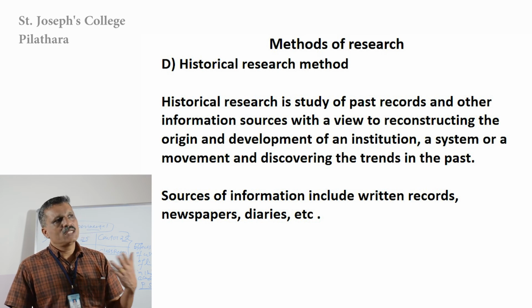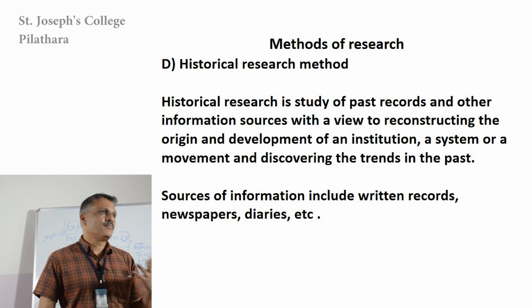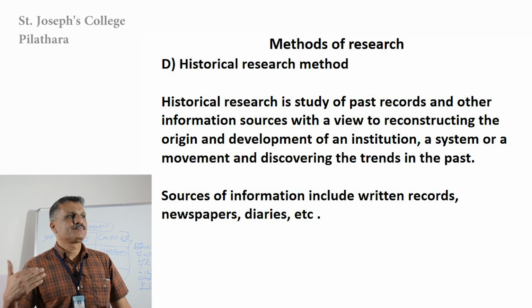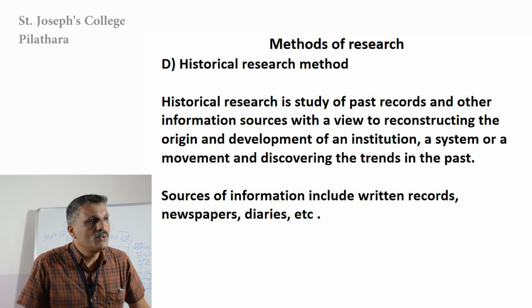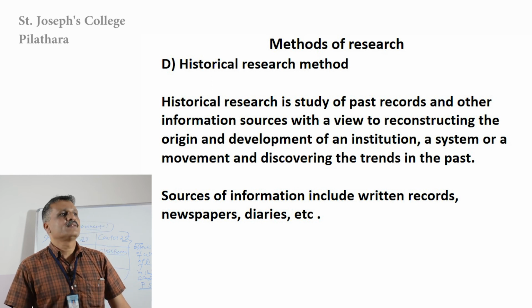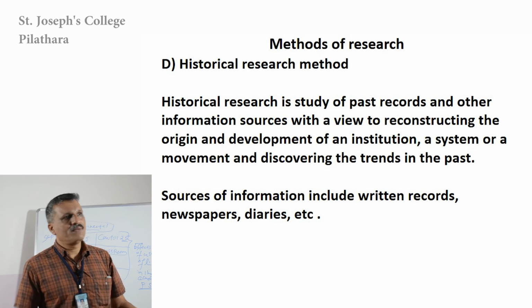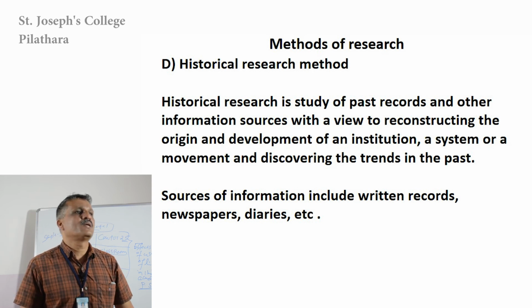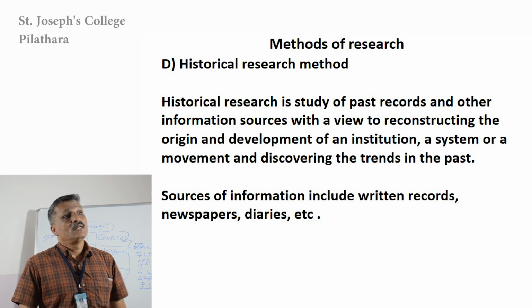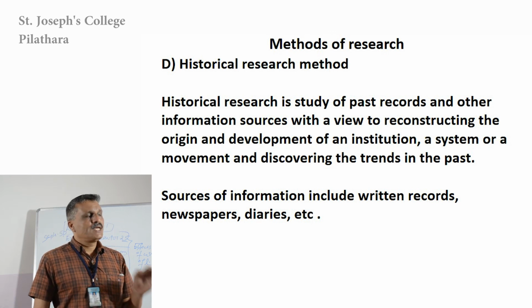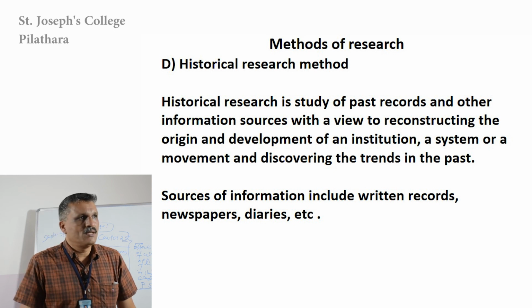So, we study the past events in history, what is in the past, and other information sources with a view to restructuring the origin and development of an institution. For example, we want to collect the history of a particular area. So, we can use the historical research method.